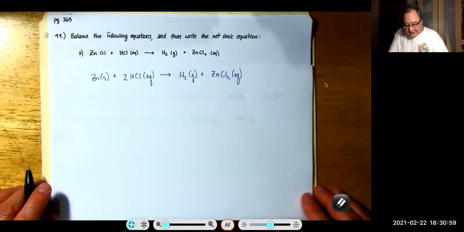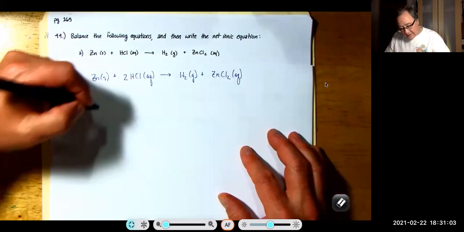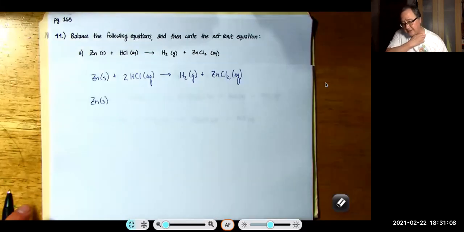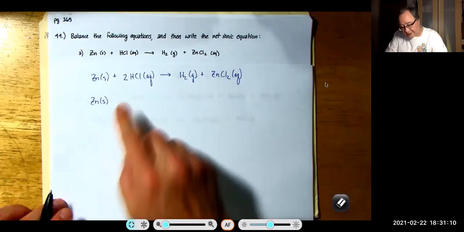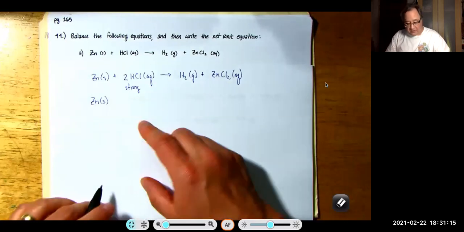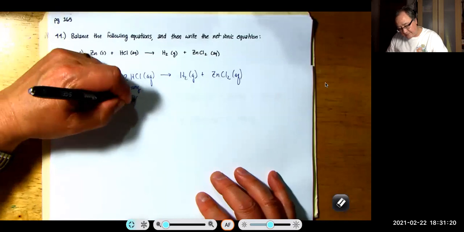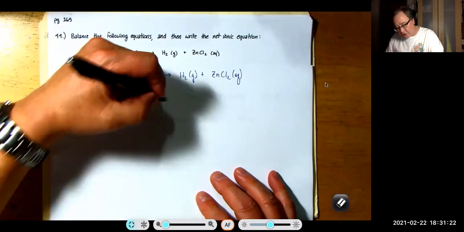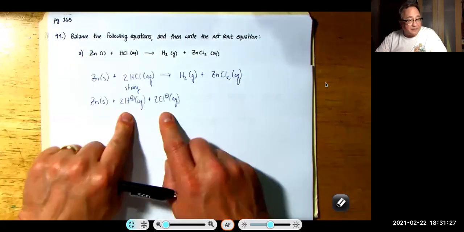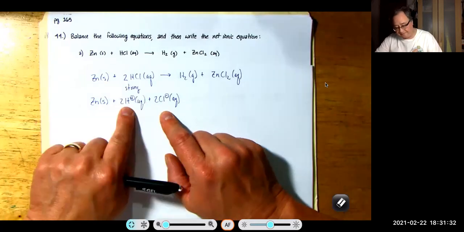So what do these states mean about how these exist? Well, the zinc is just a piece of solid zinc. Here, this is a strong acid, and because it's aqueous, it means that it has come apart and actually formed 2 H pluses and 2 chloride ions. So this is more of the Arrhenius definition, where these hydrogens we think of as just being H pluses.